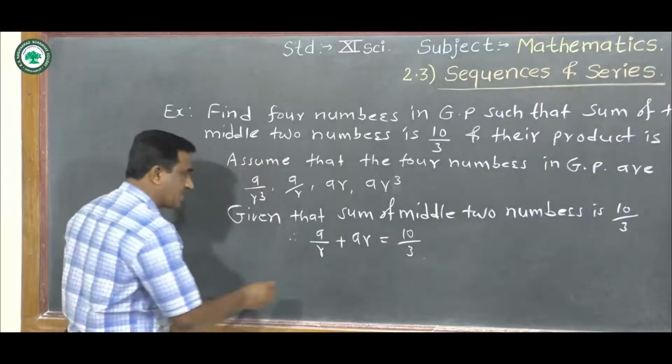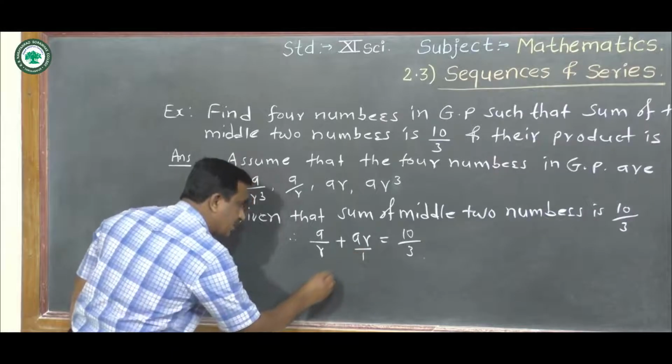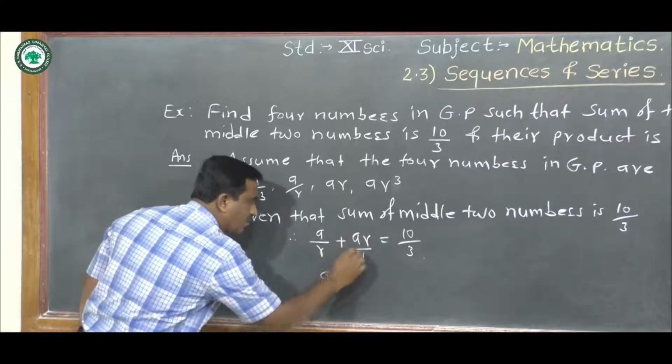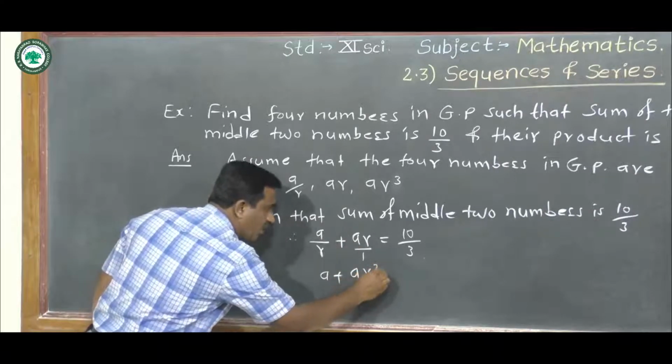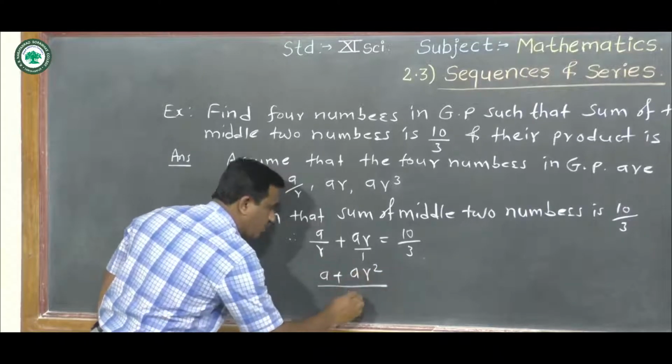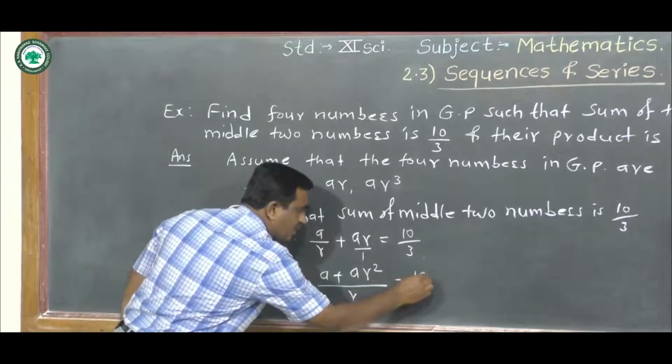Now simplify this, taking addition: a plus a r square upon r is equal to 10 by 3.